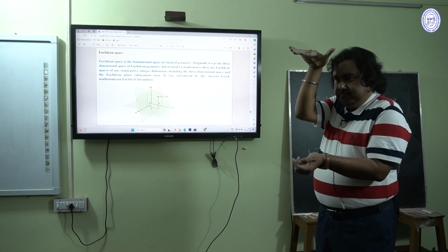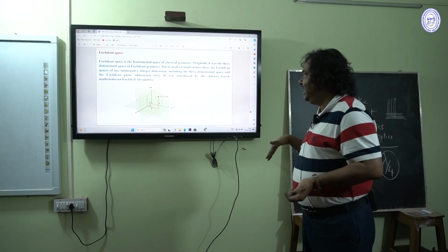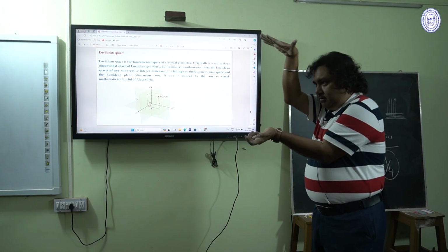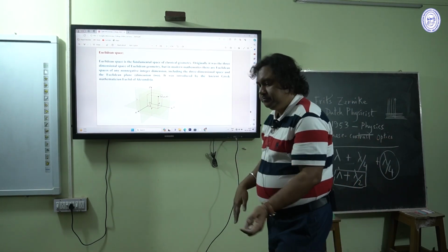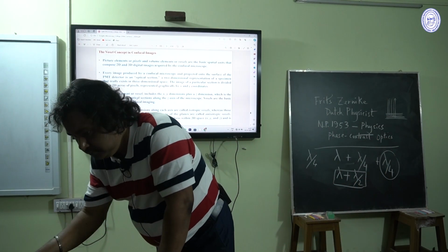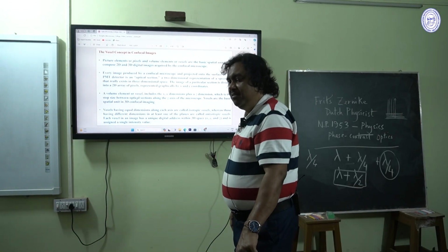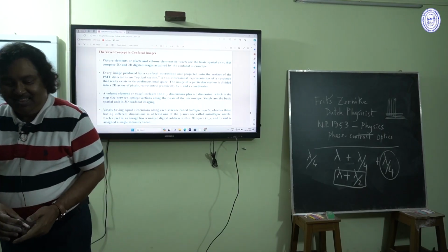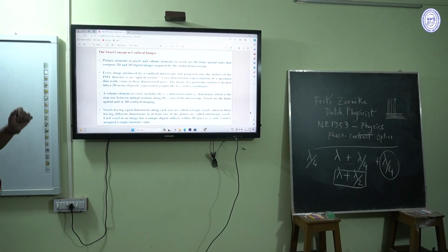That is the x-axis, y-axis, and z-axis, a typical 3D diagram or 3D box. The voxel concept in confocal images: you are aware of the concept of pixels.